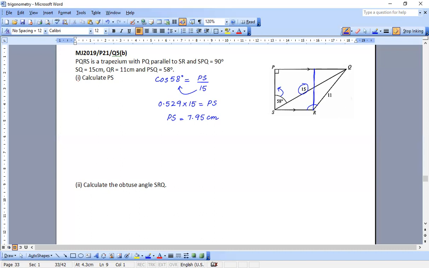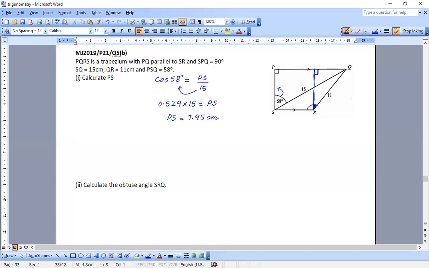with that side. What I have done, I have dropped a perpendicular from R to PQ and I've got a right angle triangle. This is a right angle triangle that I now have. The angle which I had to find out, I have divided into two parts.